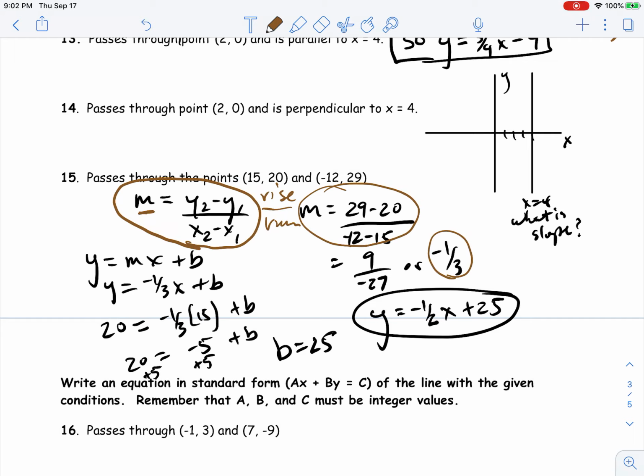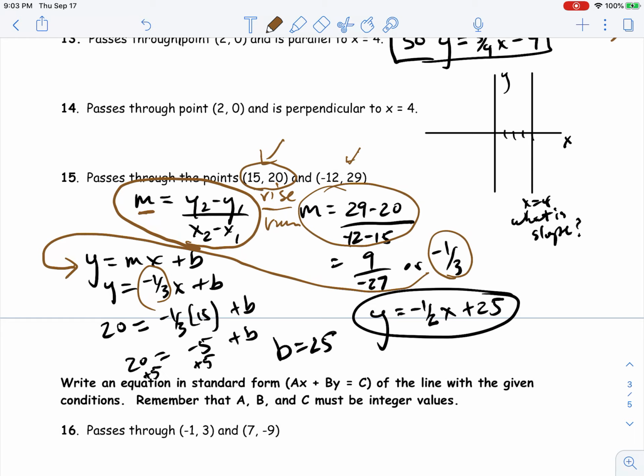What I did is I went from there up to here and said, okay, I'm going to put negative 1/3 in for m. And then I'm going to choose, I just chose this point because this one over here had a negative in it, and the 29 makes me think that it could get kind of a bad fraction.